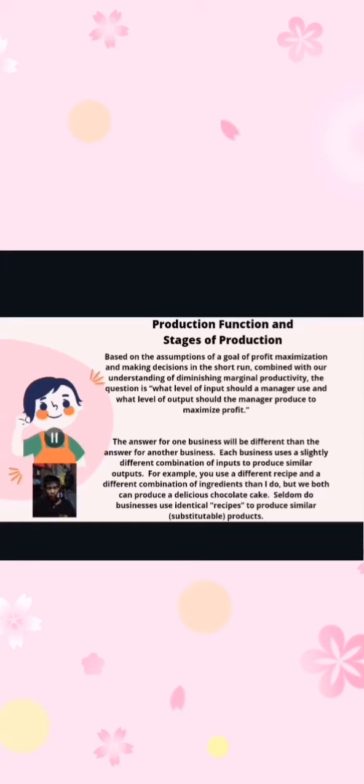The answer for one business will be different than the answer for another business. Each business uses a slightly different combination of inputs to produce similar output. For example, you use a different recipe and a different combination of ingredients than I do, but we both can produce a delicious chocolate cake.